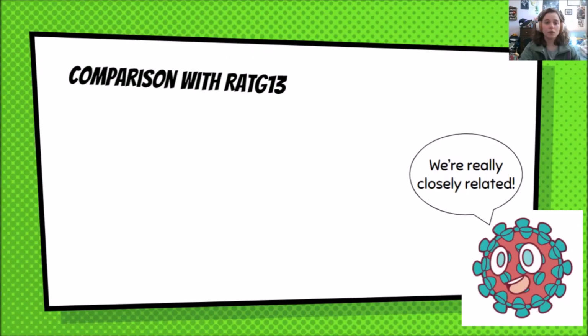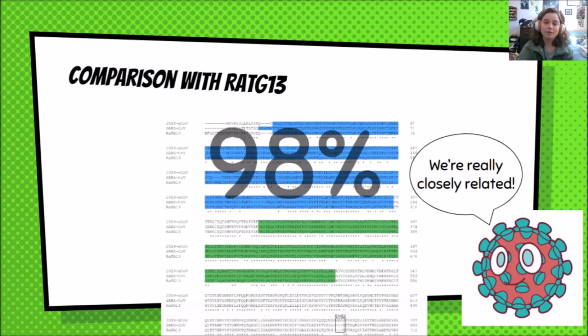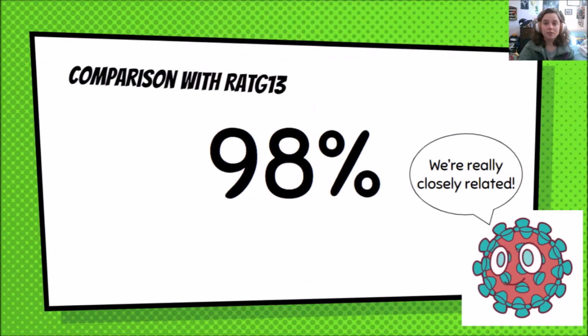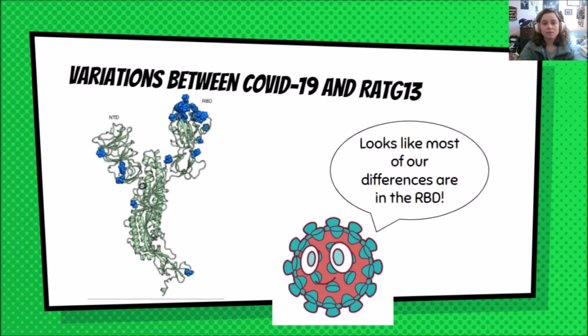Looking more at how COVID-19 compares with other coronaviruses, RaTG13 shares 98% of its sequence identity with COVID-19. RaTG13 is a coronavirus found in bats. Out of the 29 amino acid residues that varied between these two, 17 are located in the receptor binding domain.